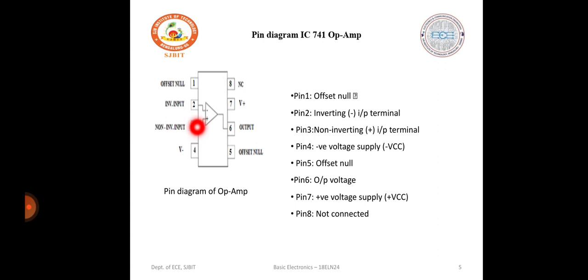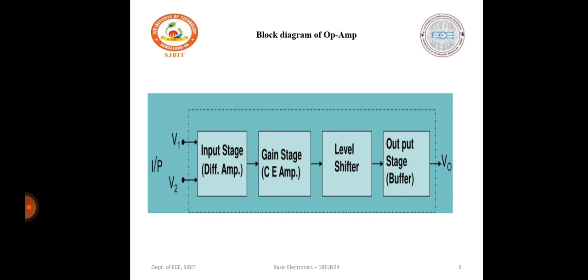The third pin stands for the non-inverting terminal and the fourth pin stands for minus VEE. The fifth pin stands for offset null and the sixth pin stands for output. The seventh pin stands for plus VCC and the eighth pin stands for no connection. There would be no connection for pin number 8, which acts as a dummy pin.